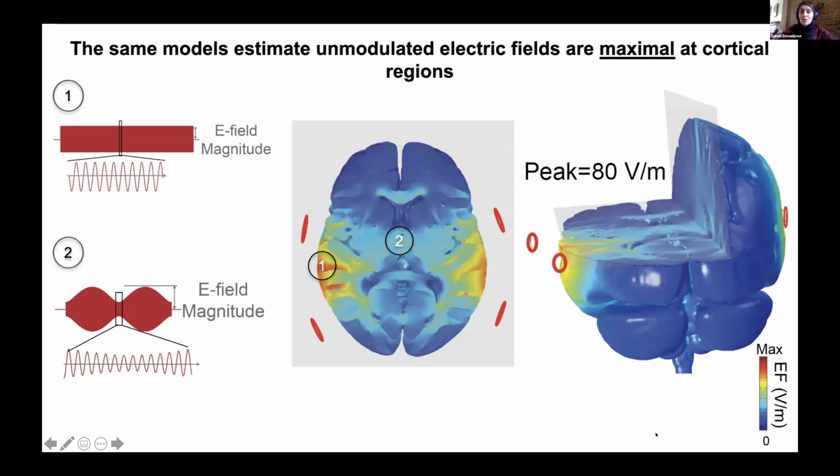But the whole method is based on this hypothesis that neuronal membranes have this intrinsic characteristic, which is called the low pass filtering property, which does not let the neuronal activity follow the high frequency components of the stimulation.